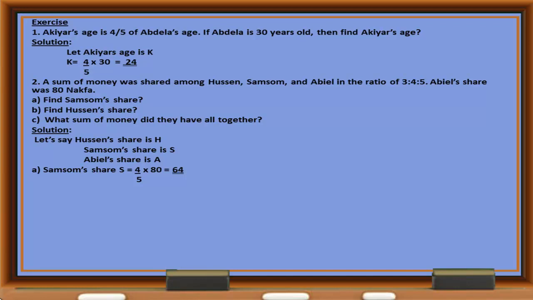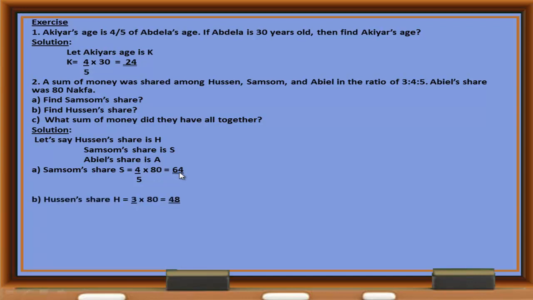The ratio for Samson was 4 here. Therefore, we divide 4 by 5 since Abel's share is 5 and Abel's share was 80. Then 4 over 5 times 80 will give us 64.